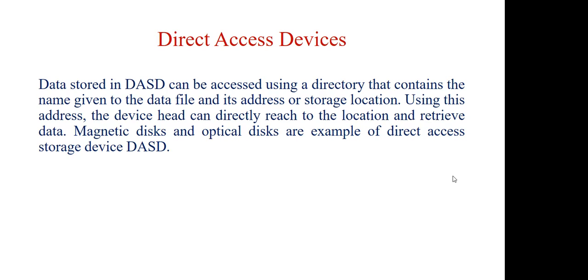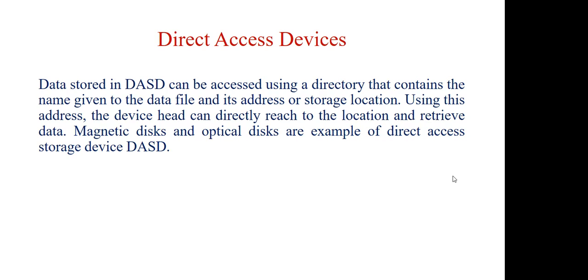Then we open that drive, search for our folder or file, and click on it to go to our required data. Because we have direct access, we go directly to the data which we have stored in some location on the hard disk, or it could be a pen drive or any secondary storage device.